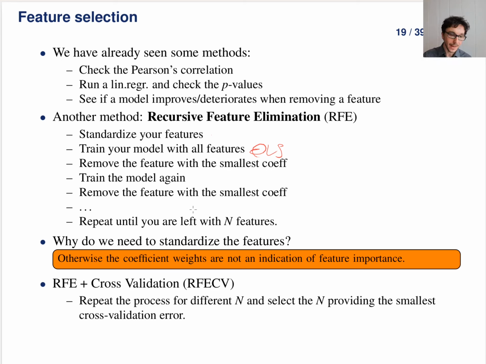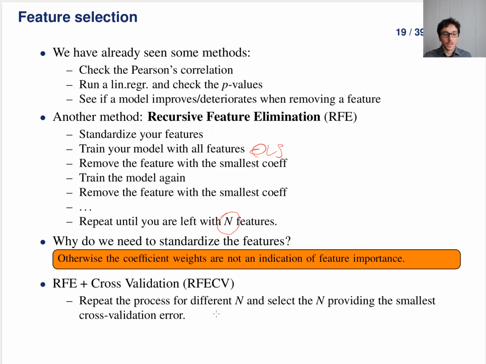And you repeat it again until you're left with n features, where n is up to you to decide. So at the beginning you have to decide if you want 3 features or 2 or 5. We can also let an algorithm decide n for us by using recursive feature elimination plus cross-validation.